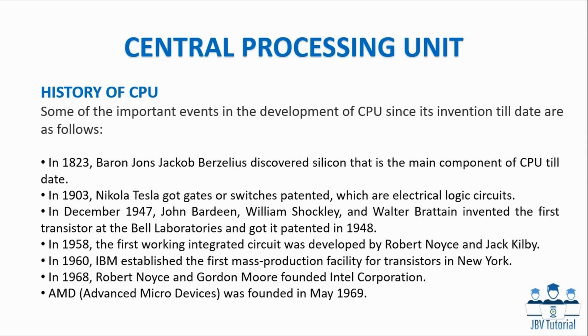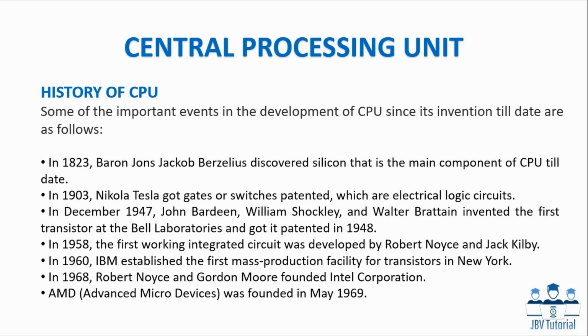In December 1947, John Bardeen, William Shockley, and Walter Brattain invented the first transistor at the Bell Laboratories and got it patented in 1948. In 1958, the first working integrated circuit was developed by Robert Noyce and Jack Kilby. In 1960, IBM established the first mass production facility for transistors in New York.